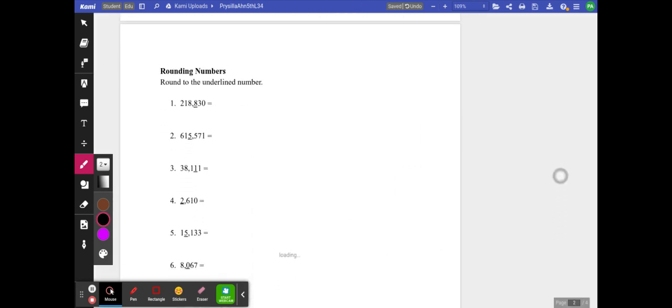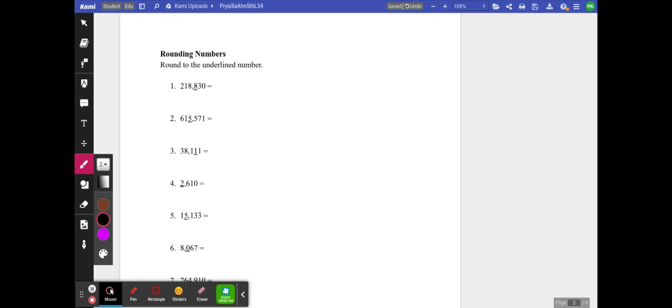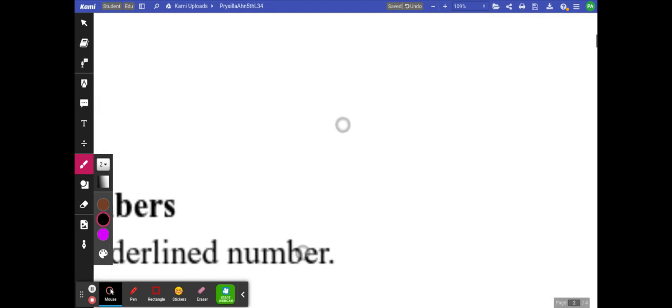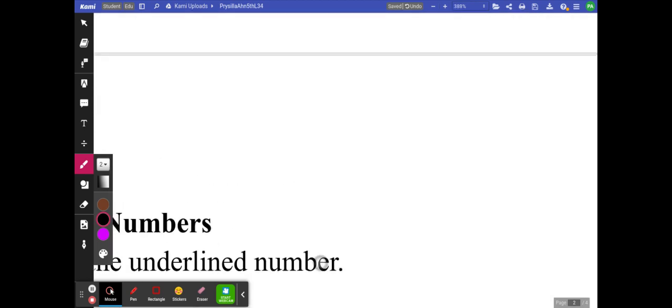Moving on, now we're going to be rounding numbers. Rounding numbers is one of the easiest concepts, but just to recap, 5 is the basic number, the number you want to base it off of. So this is a greater than symbol. It's saying 5 is greater than this number.